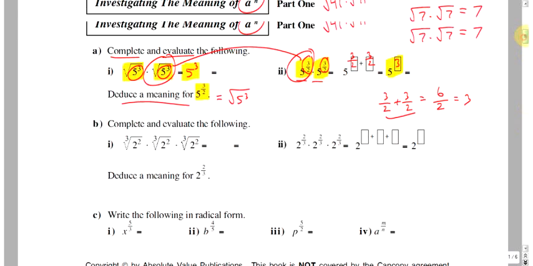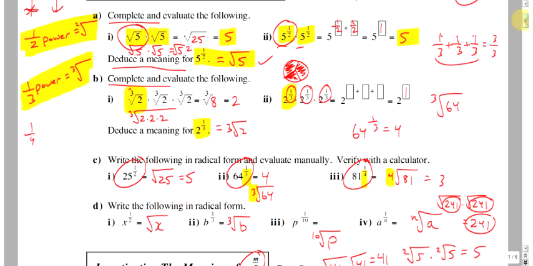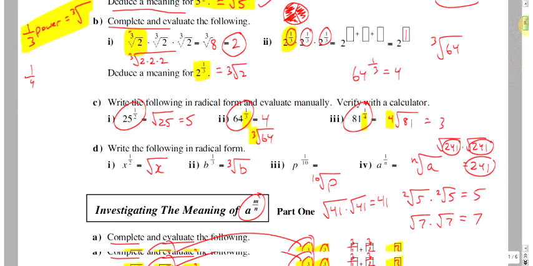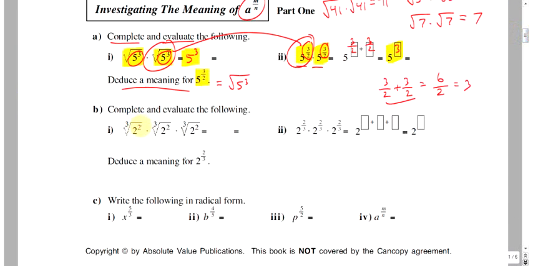Let's back up a bit. The cubed root of 2 times the cubed root of 2 times the cubed root of 2 gave us 2. So what do we think the cubed root of 4 times the cubed root of 4 times the cubed root of 4 is going to give us?